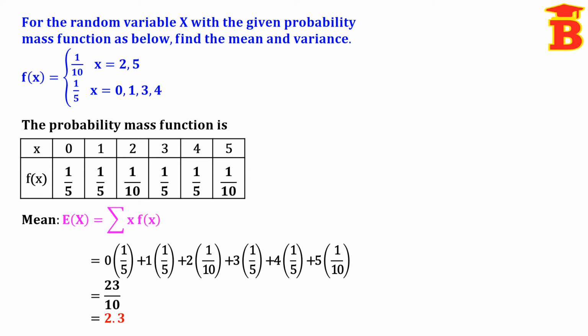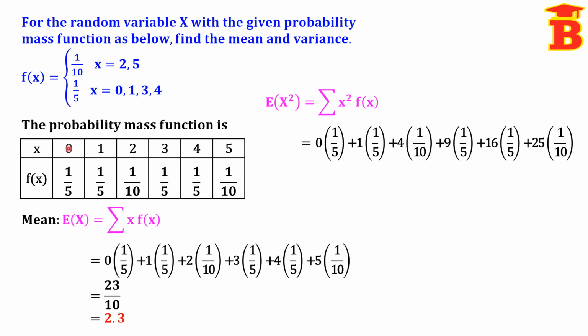Next we have to find variance. For that we have to find E of x square. After that only we can find variance. E of x square equal to summation x square into f of x. So take square of the first row and multiply with second row numbers, and also take summation.